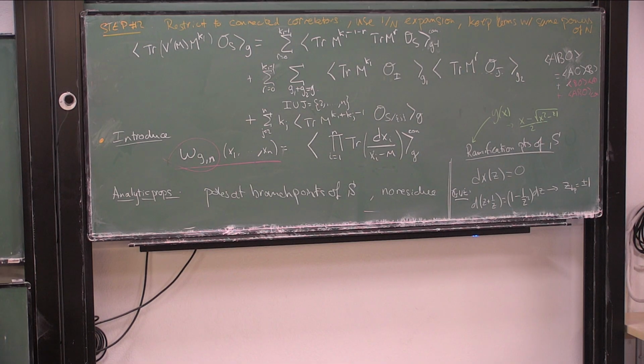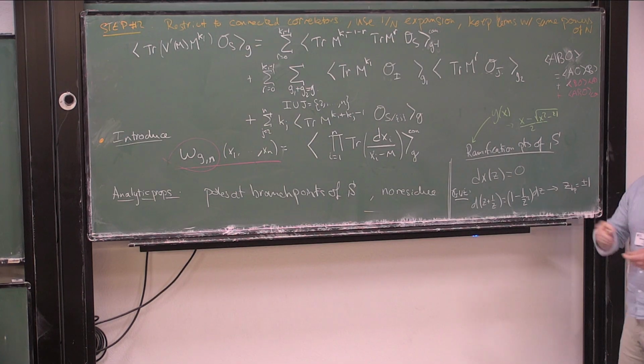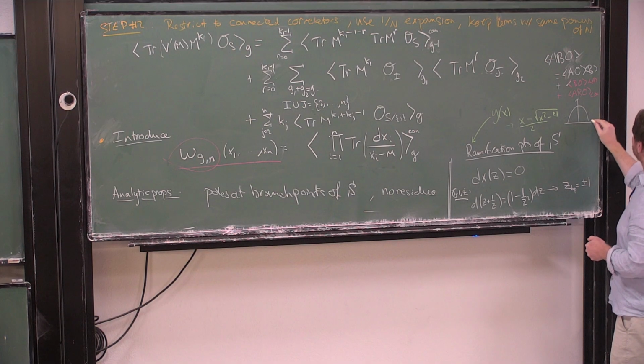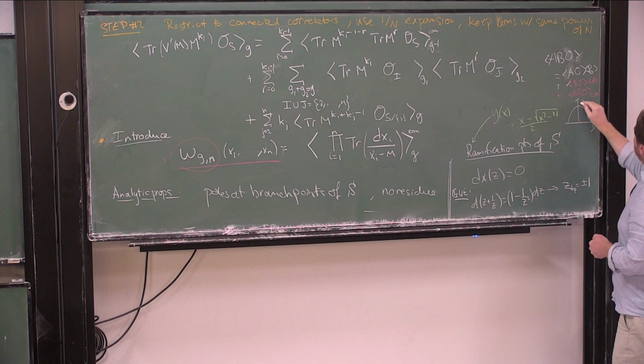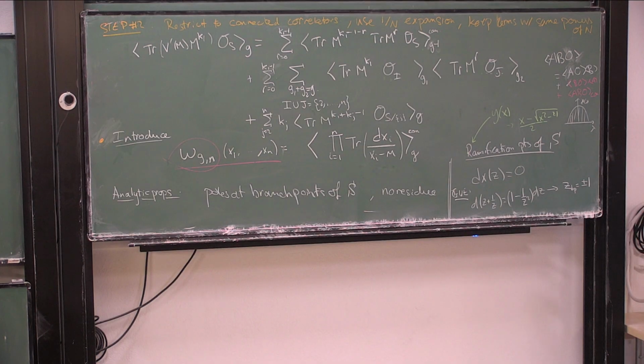As someone maybe mentioned yesterday, the discontinuity of y across the branch cut turns out to give you precisely the density of eigenvalues of this random matrix. For people who've seen this picture, this Wigner semicircle that we mentioned yesterday, you can ask what is its width, and that's precisely plus and minus 2.